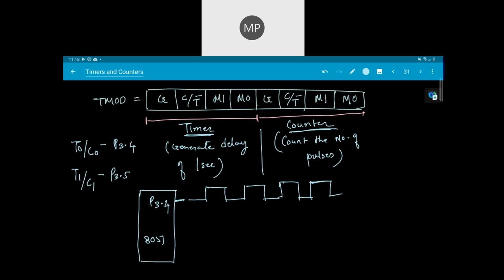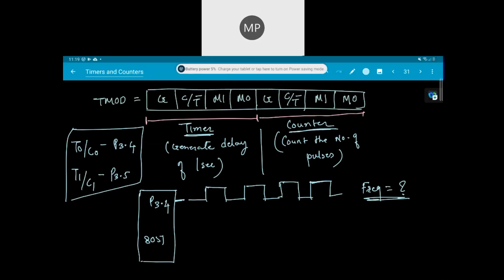So based on this, we have to decide which counter to be used, either 0 or 1. Now, since we want to count the number of pulses, or in short, since we want to calculate the frequency of this particular wave, we have to satisfy two requirements. First is to count the number of pulses coming at pin 3.4, and then to generate a delay of 1 second. So basically we will be counting the pulses in 1 second. That is my frequency, right?